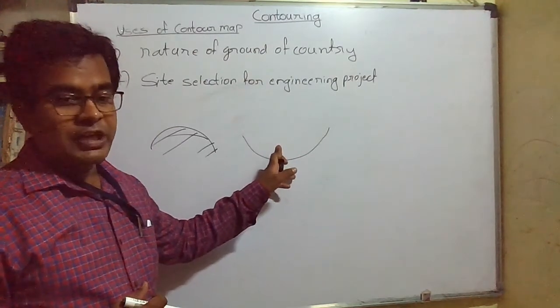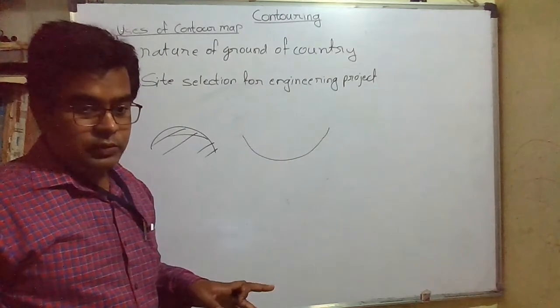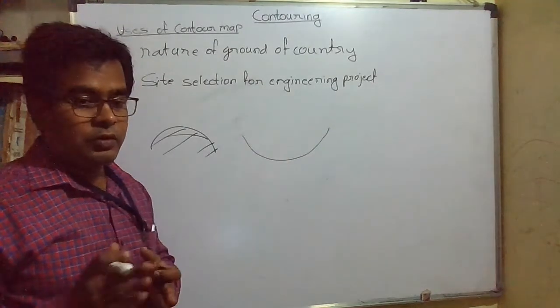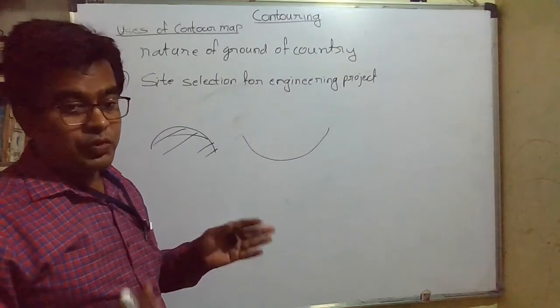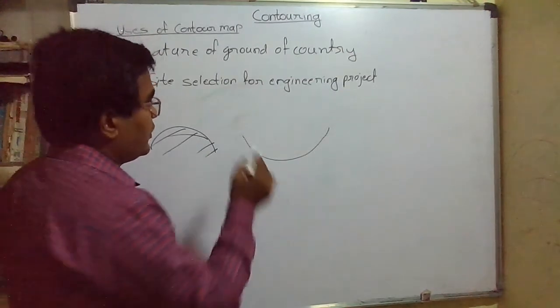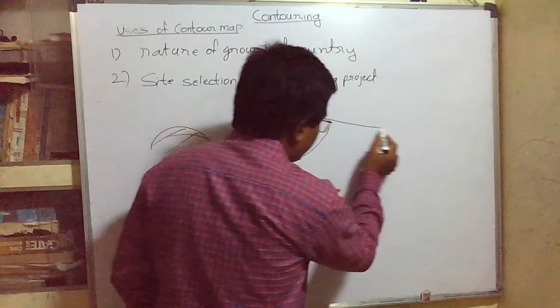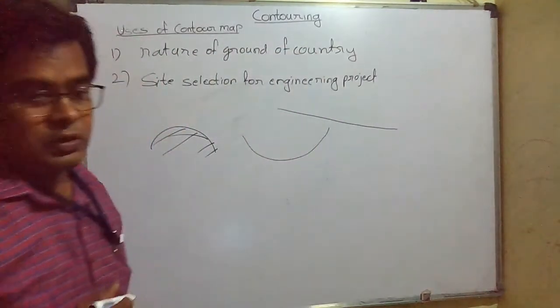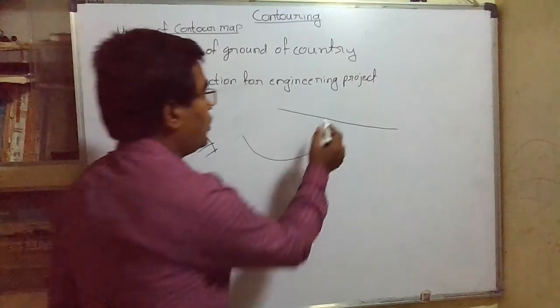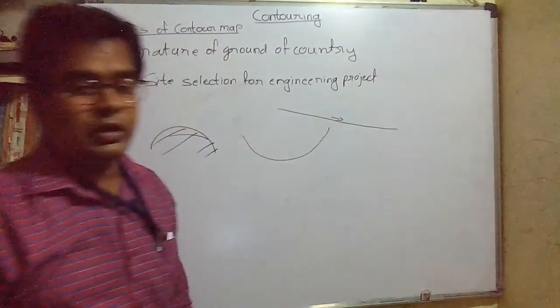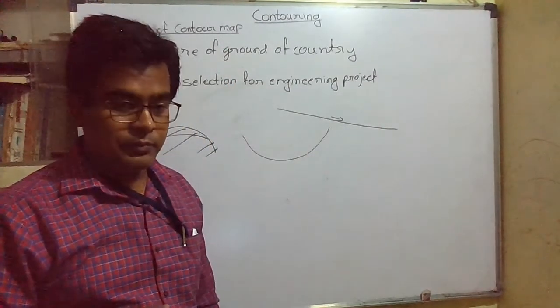Suppose we have to decide the alignment for a canal, then we select a site where the natural slope of the ground can be maintained, so that water can easily flow under gravity.